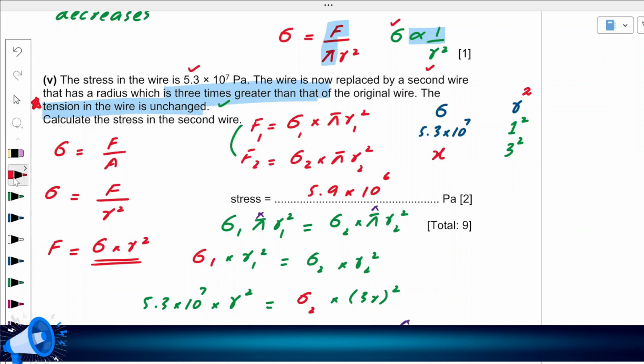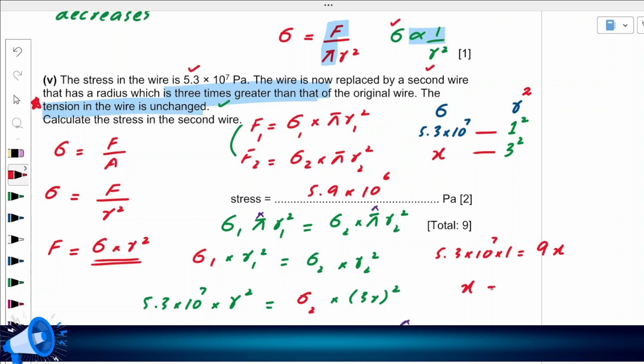So whenever two quantities are inversely proportional, you never multiply in the cross, you multiply in the line. So 5.3 into 10 raised power 7 times 1 equals x times square of 3. Square of 3 is 9 into x.